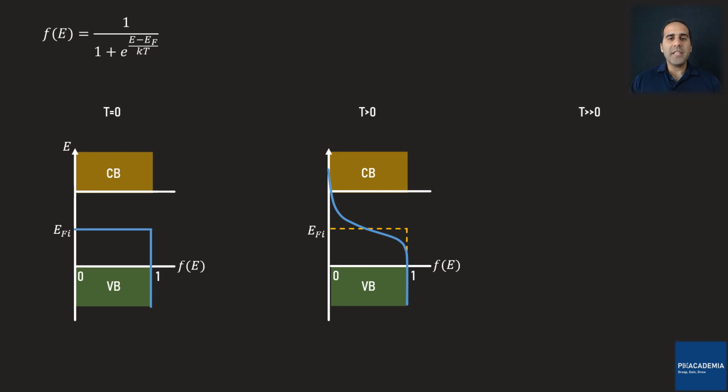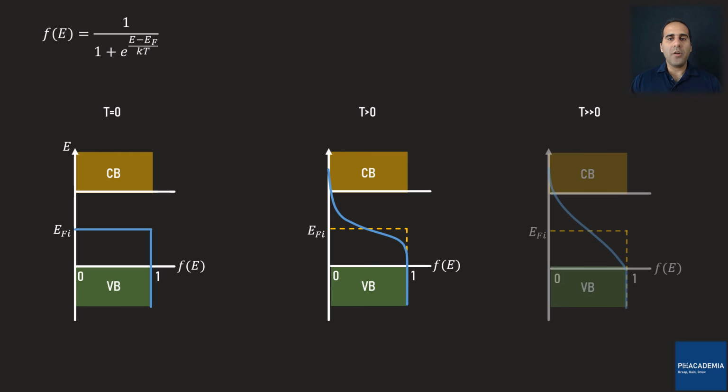If the temperature gets even higher, the width of the Fermi function transition becomes larger and therefore gives more chance for electrons to be found in the conduction band. But why does the chance of electron existence in the conduction band get higher at higher temperature? This is because the area under the Fermi function curve in the conduction band region gets larger.